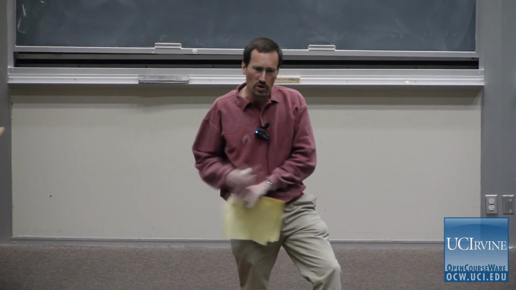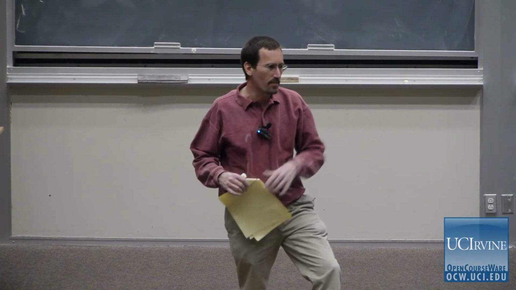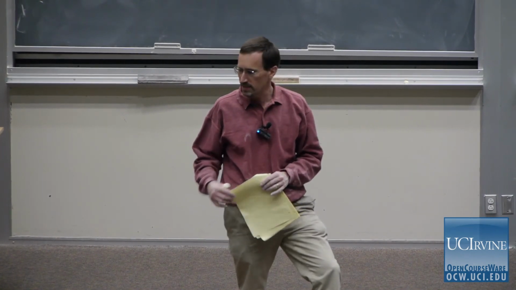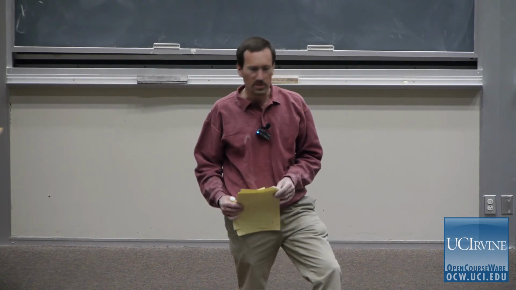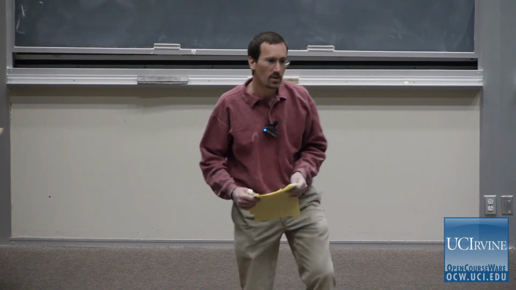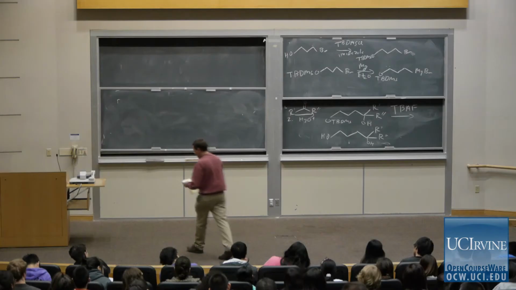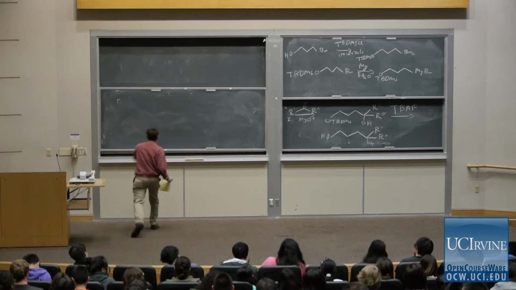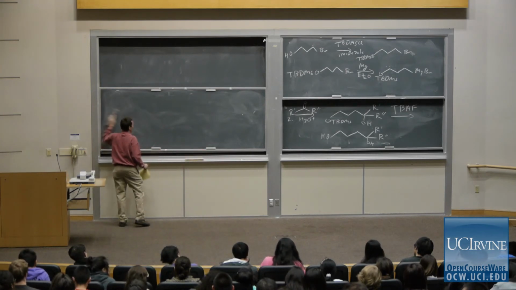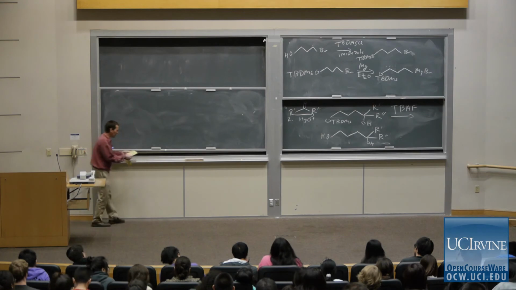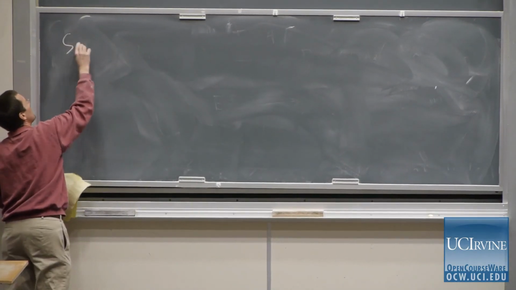And so I want to show you an example of this very important intellectual process of thinking backwards about making organic molecules. I'm going to give you a little bit of a contrived problem that gives you the flavor of synthesis.